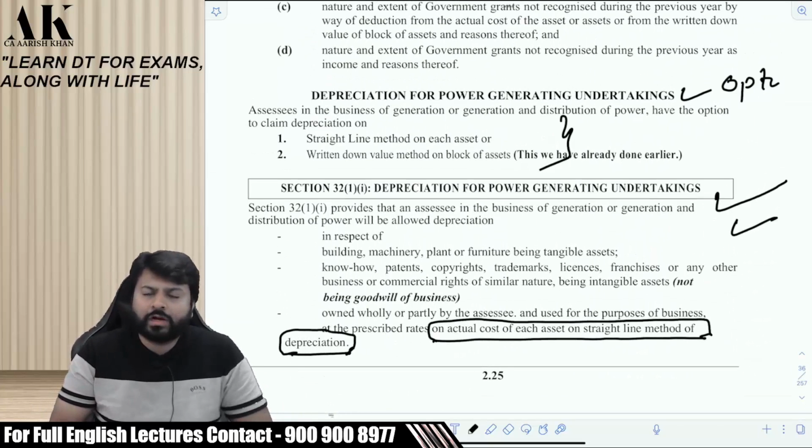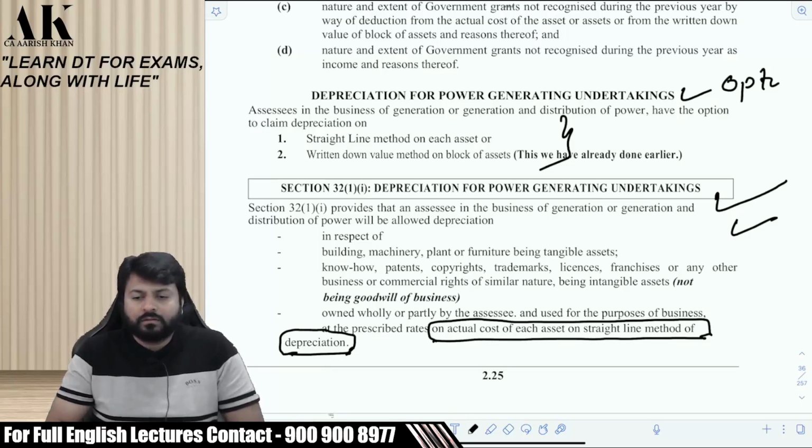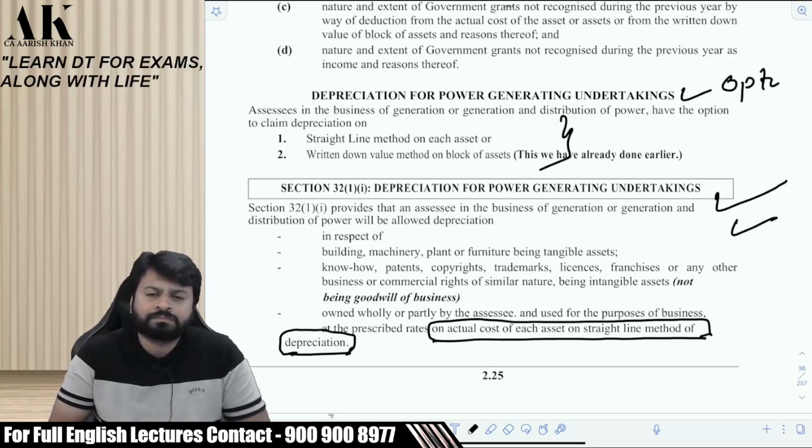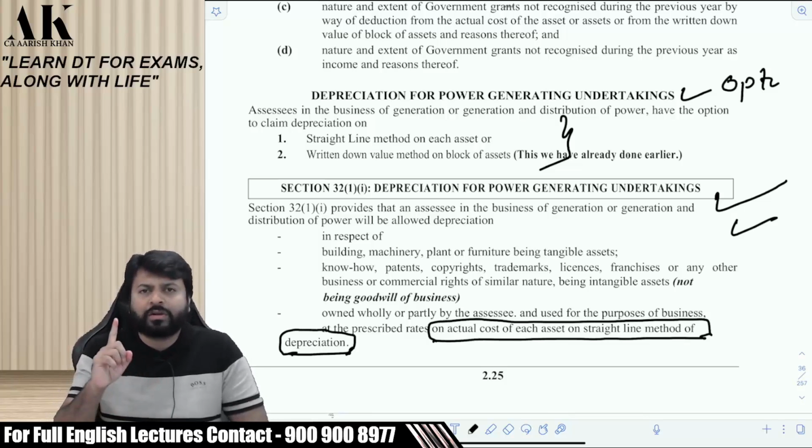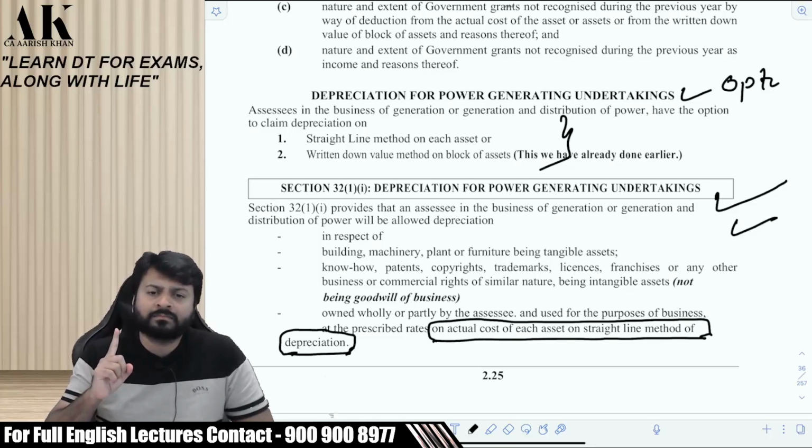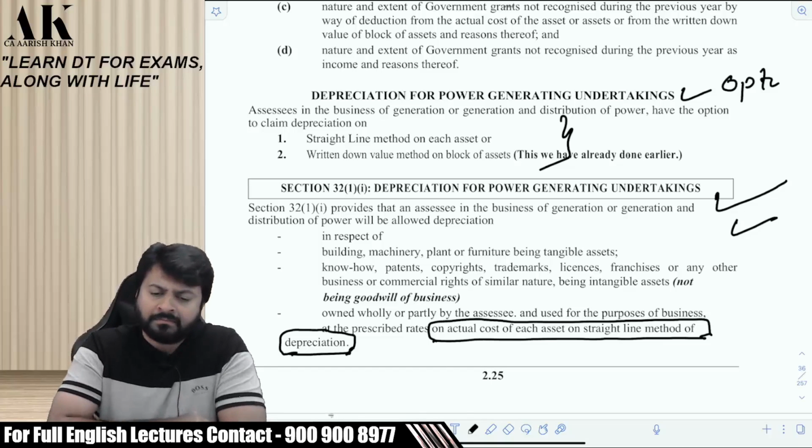So what have we concluded out of this? Please tell me the ultimate conclusion, all of you. Additional depreciation is not allowed if you claim which method? SLM. If you want additional depreciation, go for WDV. You will get it.